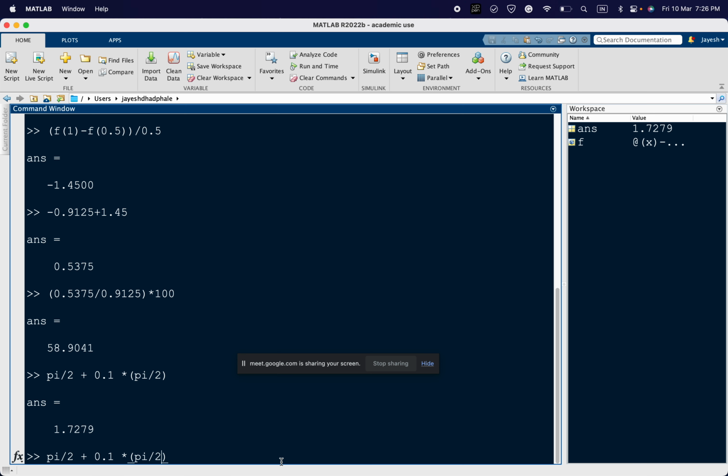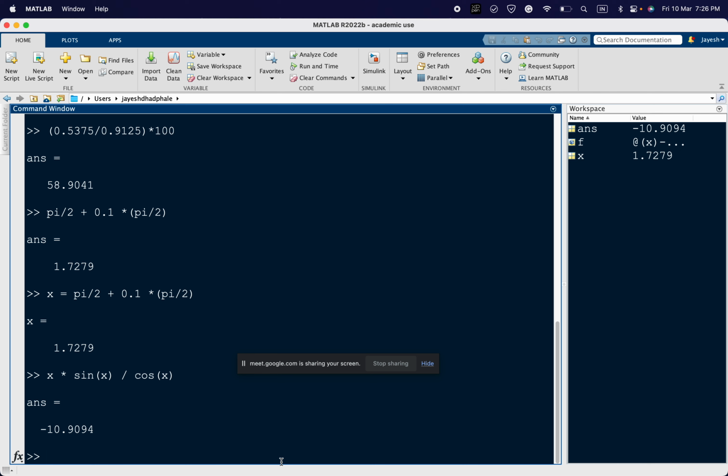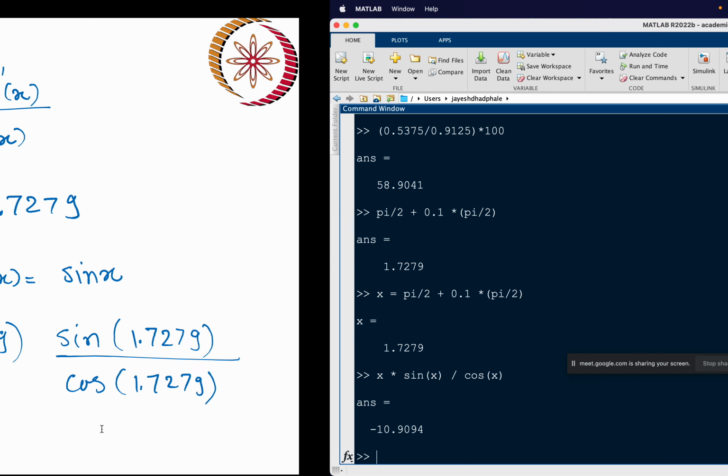So x is equal to this value, and we want to find x times sin x divided by cos x. Okay, so the condition number is minus 10.90.